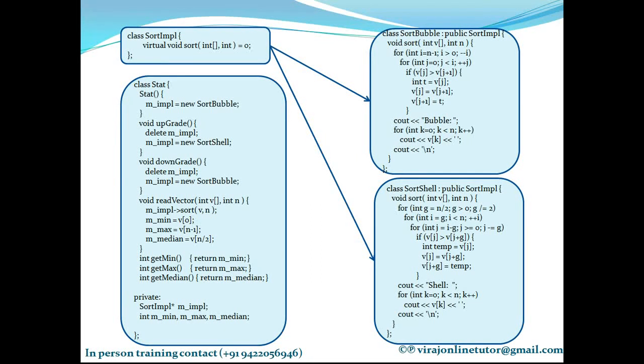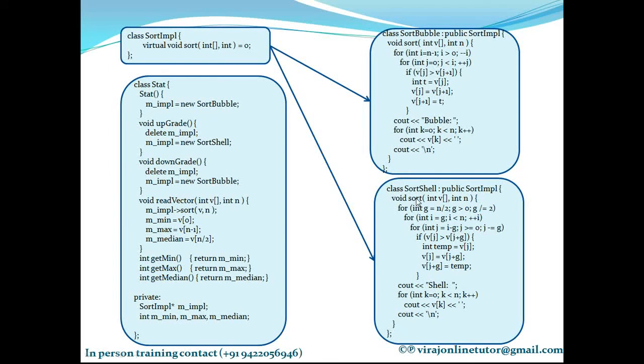It calls the sort function of which class? It totally depends on what this member variable contains. If I am using a bubble sort algorithm, it will call sort from the bubble sort class. If this variable contains a shell sort algorithm object, it will call sort from the shell sorting algorithm class.